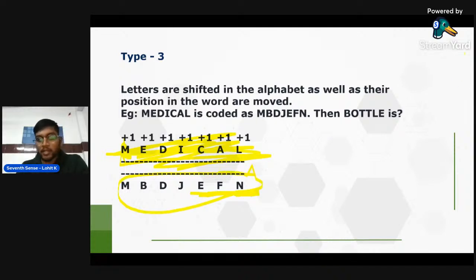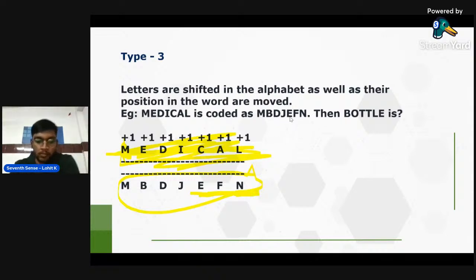Now tell me the answer for bottle here. Write down the particular answer for bottle in the chat box fast. Just tell me the answer for this bottle.